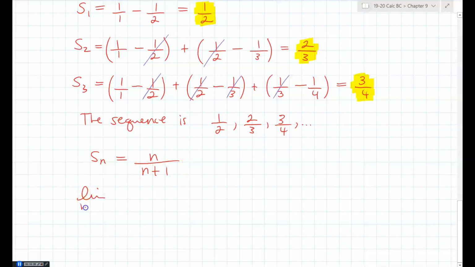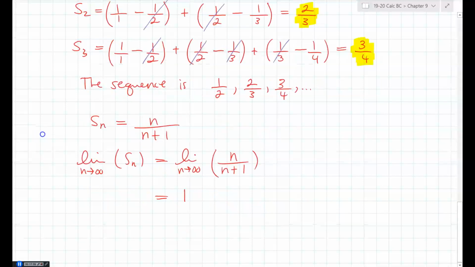So the limit as n approaches infinity of s sub n would be the limit as n approaches infinity of n over n plus 1, which is equal to, what? It's just 1. Right? Same degree top and bottom, so your coefficients will be 1 over 1, so that's equal to 1. So since the limit of the partial sums as you approach infinity converges, then the series must converge.